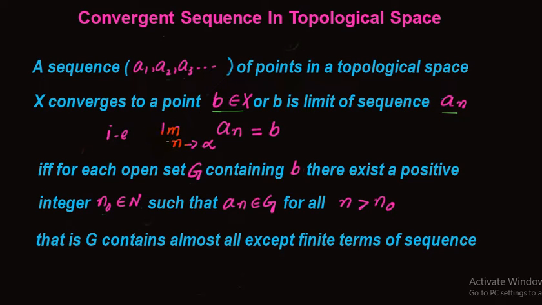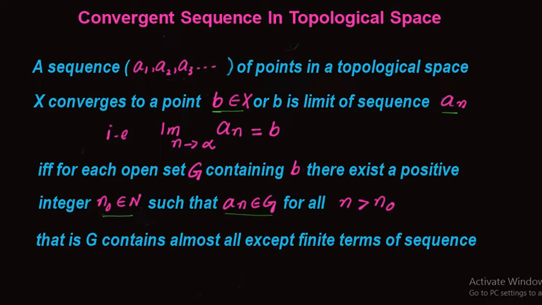Mathematically, limit as n approaches infinity of an is equal to b if and only if for each open set G containing the point b, there exists a positive integer n naught such that an belongs to G for all n greater than n naught, which means that G contains almost all, except finitely many, terms of the sequence.